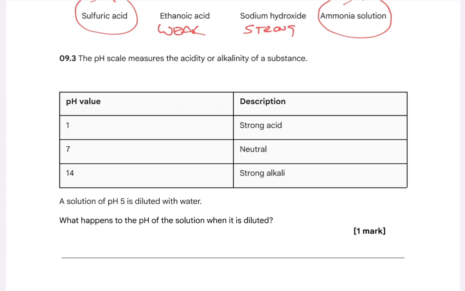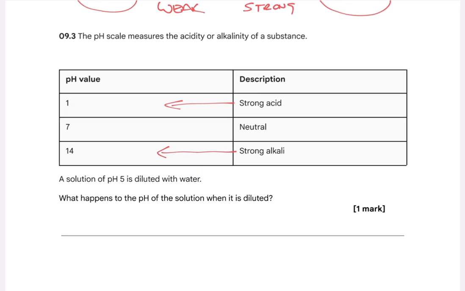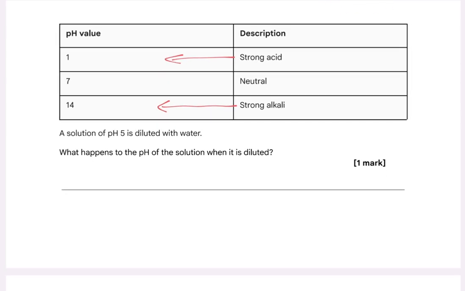And so we've got the pH scale depending on the acidity or alkalinity of a substance. Remember, acidity being demonstrated by things lower than 7. So strong acid down to pH 1, strong alkali up to pH 14. And so if we've got a solution of pH 5 and we dilute it with water, what we're doing is making that solution less concentrated.